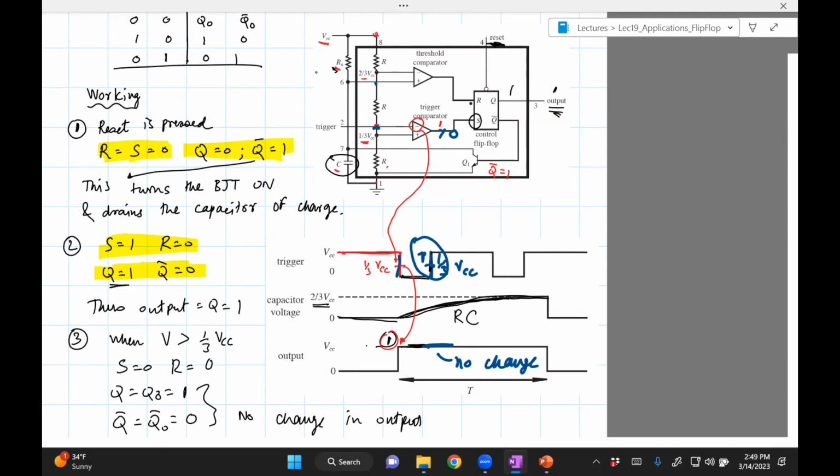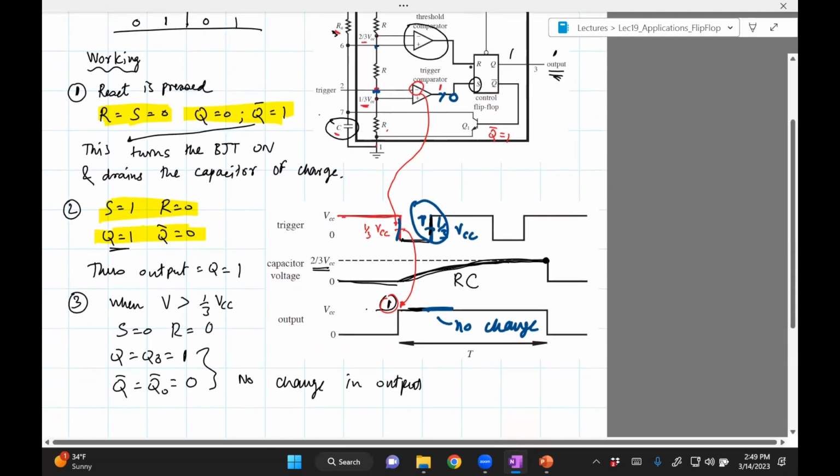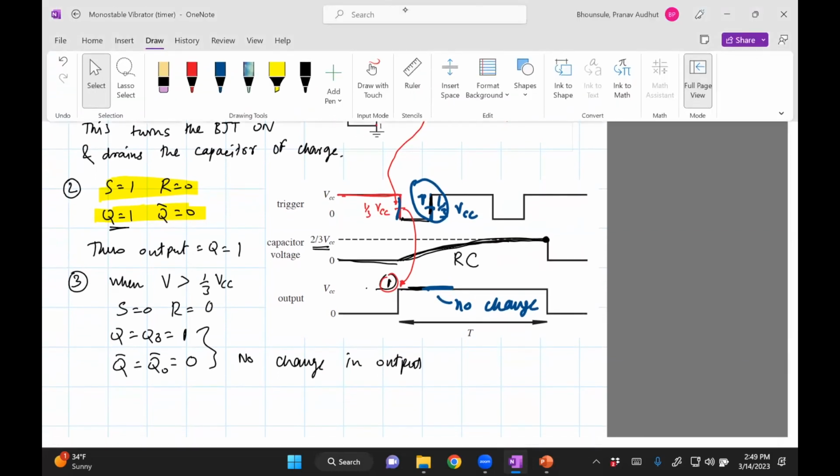When it reaches 2/3 VCC, so the capacitor now is at 2/3 VCC, but this 2/3 VCC is also across this comparator. So when it reaches 2/3 VCC, the threshold comparator will flip because of that logic.